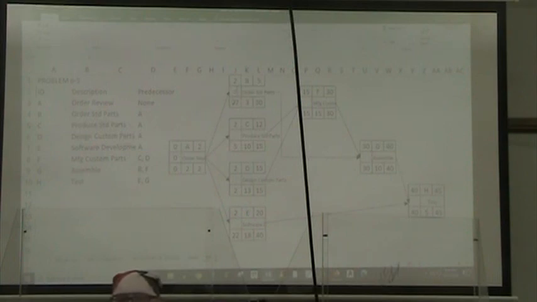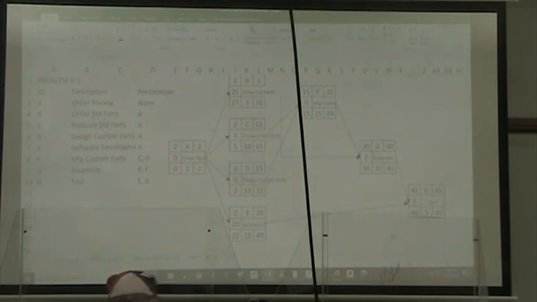And we go through each of the activities the same way: late start time minus early start time.